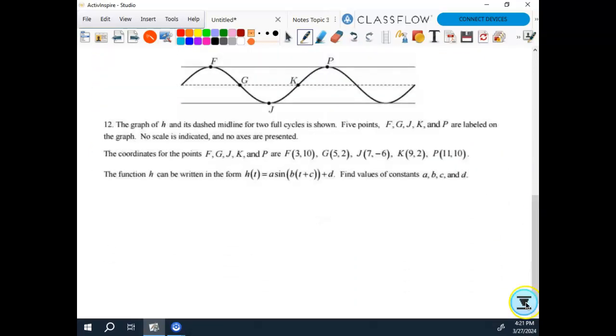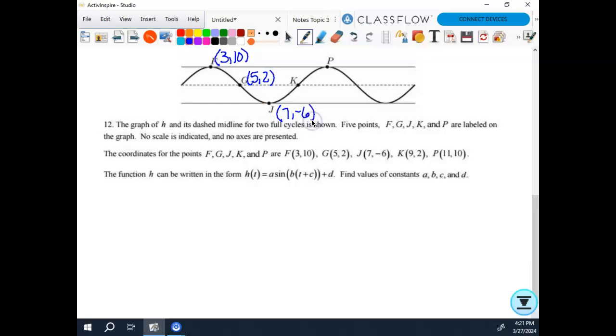All right, last one here. I think it's the last one, is it? Oh, no, it's not. So we've got F is at 310. G is at 5.2. J is at 7, -6.